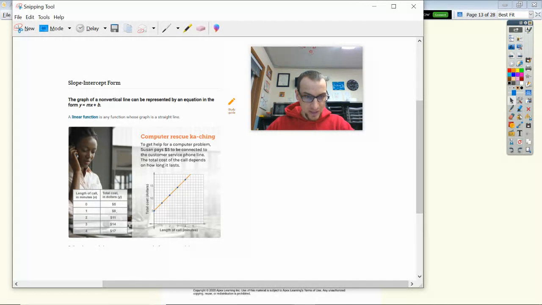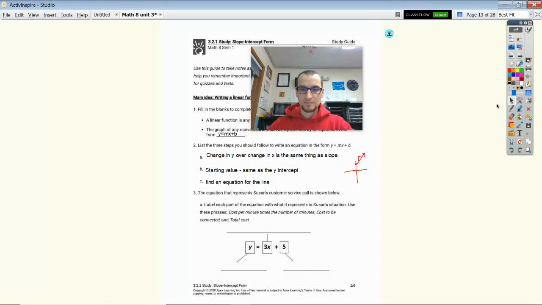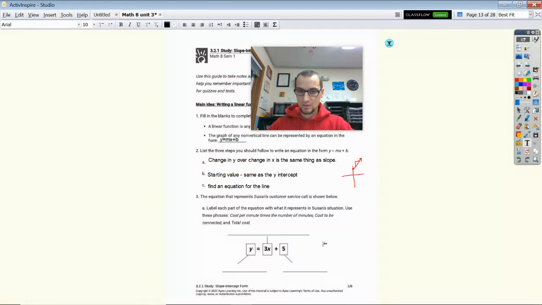So it goes from 5 to 8, and then 8 to 11, 11 to 14. So we have our initial cost right here. Even just to make the phone call, she has to pay $5. So that is going to be the initial cost.